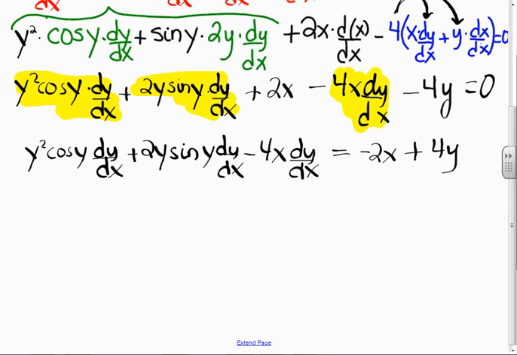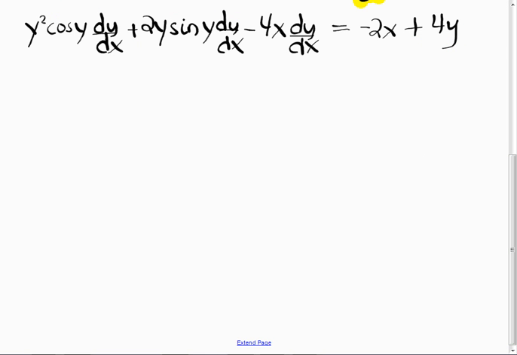Okay, we're almost done. How am I going to solve for dy dx? Divide by dy dx. No, I want to solve for dy dx. Oh, you divide. Okay, what do you mean pull it out? It's called factor. So I'm going to take dy dx, factor it out, and I'm going to highlight the dy dx so I can see them. Because what I factor out, after I factor dy dx, whatever's left there is what still times everything.